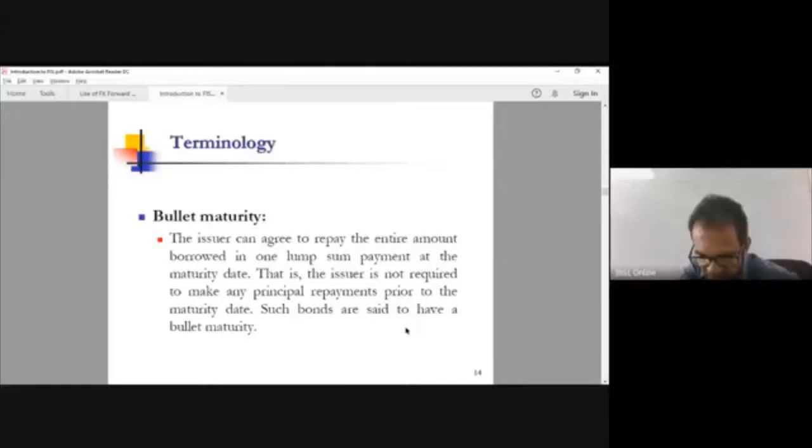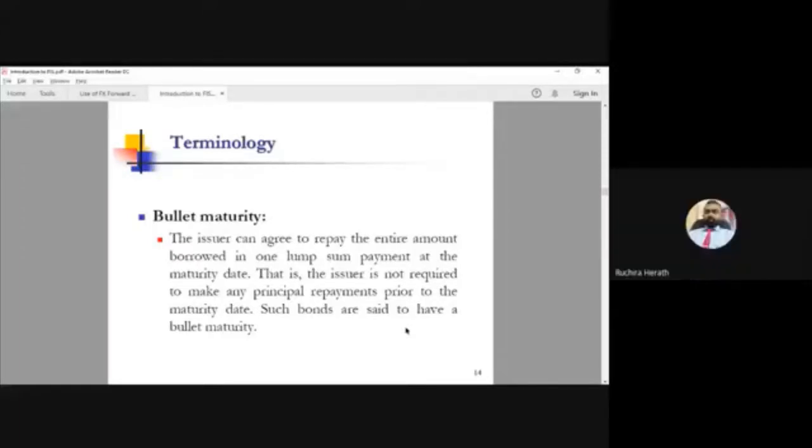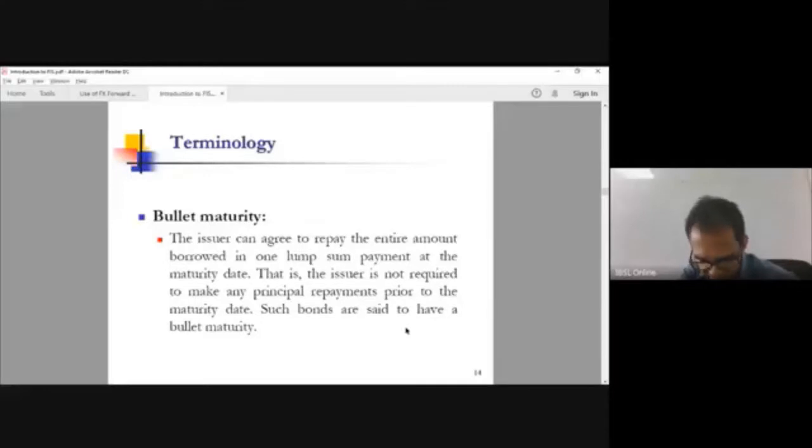How does it work? It is a repo transaction. When we discussed repo transactions, I mentioned that in some markets the ownership transfers in different ways. If the ownership is fully transferred, then the coupon will be paid to the current holder. That means the reverse repo party, the cash lender.